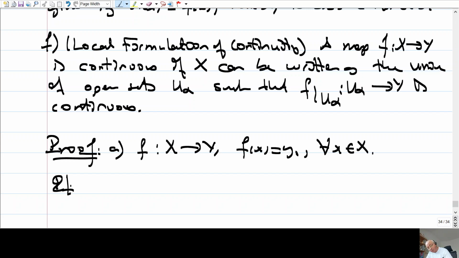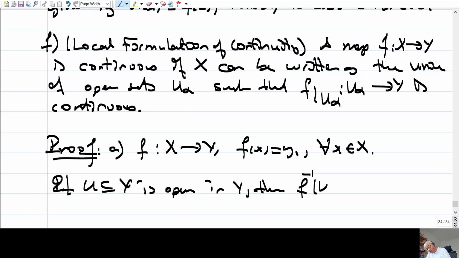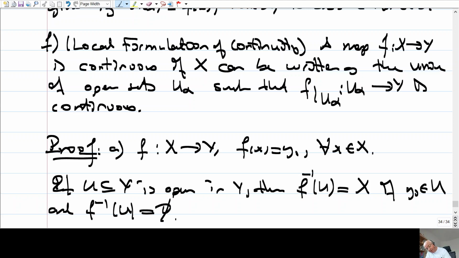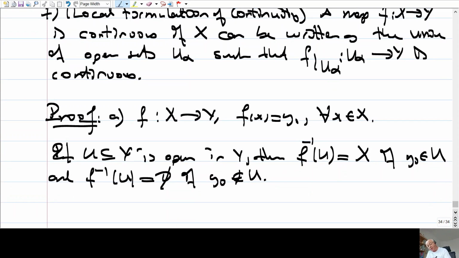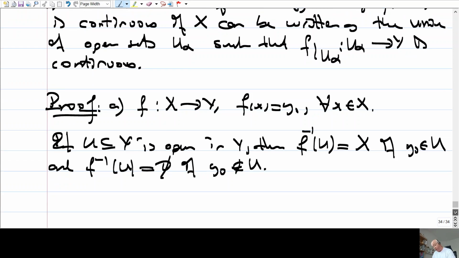If U is open in Y, then the inverse image of U is either equal to X if y0 is in U, and the empty set if y0 is not in U, right? This is the constant function. Everything is mapped to a single point, right?